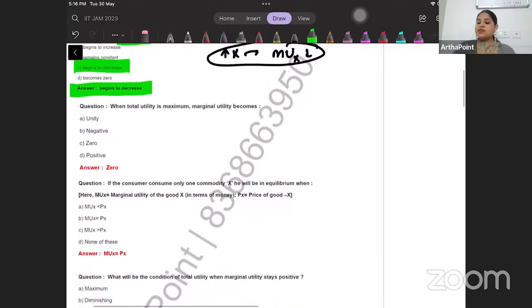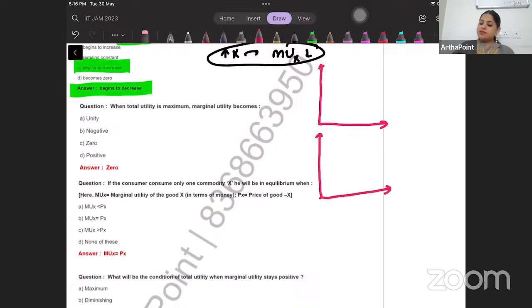When total utility is maximum, marginal utility becomes. So we know that we have a graph like this. So this is total utility. And when total utility is maximum, marginal utility is 0.